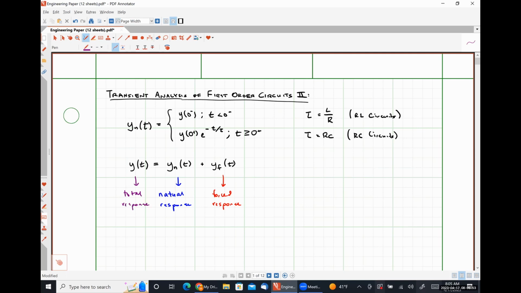So we've already got what looks like half of our situation described.